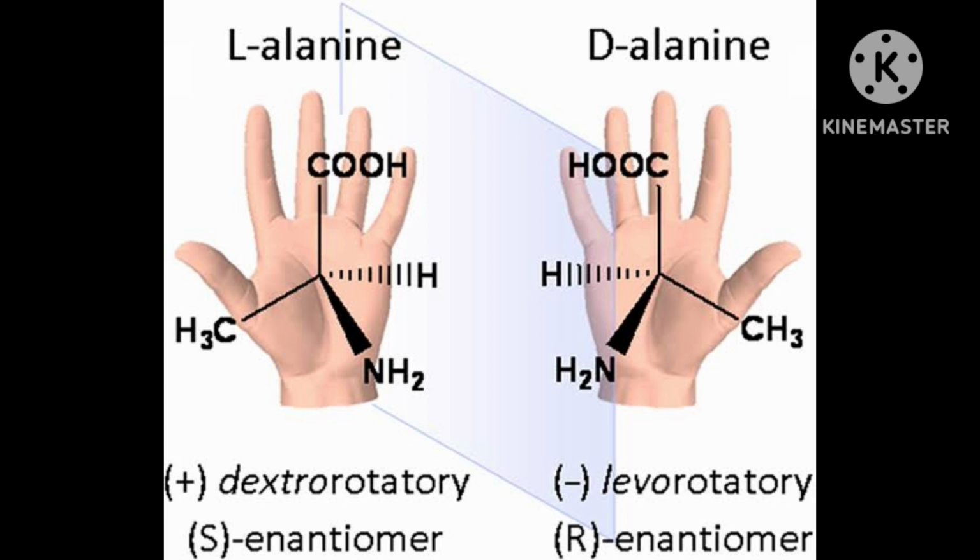Correct? Then Louis Pasteur believed that this difference in optical activity was associated with the three-dimensional arrangement of atoms in two types of crystal. Then this three-dimensional arrangement of atoms is called configuration.